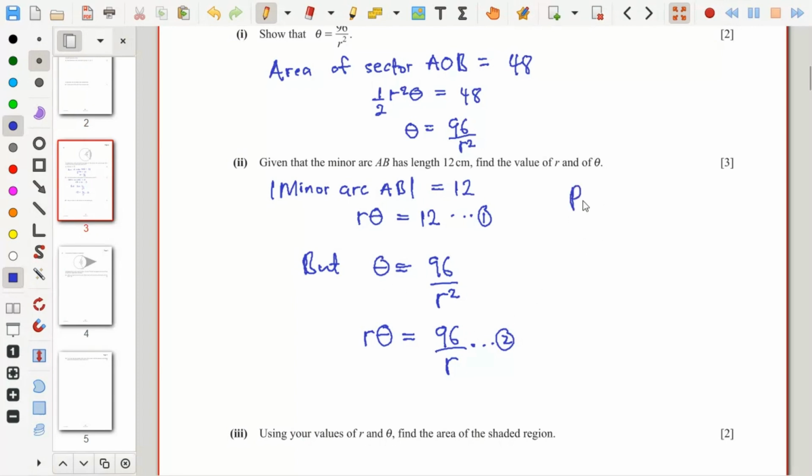So put 1 into 2. That'll give you 12 is equal to 96 on r. So if I make r the subject, I'll get 96 on 12, which is the same as 8.